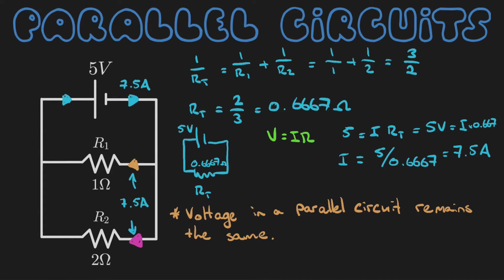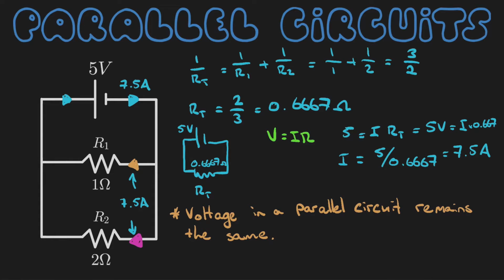Whereas in a parallel circuit, the voltage is the same at this point, and is also the same at this point. Okay? So we actually know what the overall voltage is, and that's 5 volts. So 5 volts is traveling through R1, and 5 volts is also traveling through R2. Okay? But we just said that the current is different.